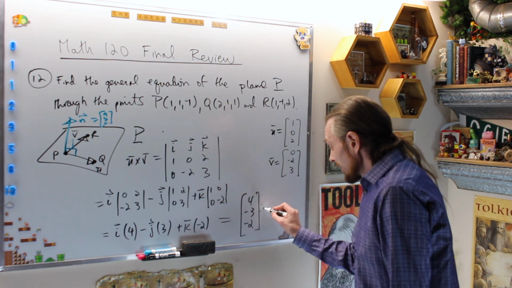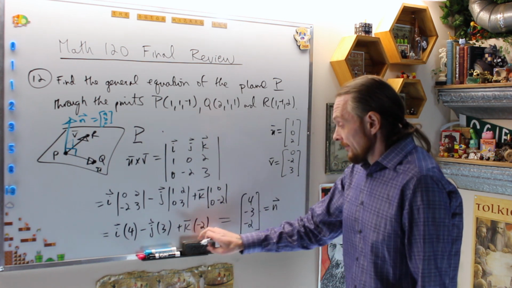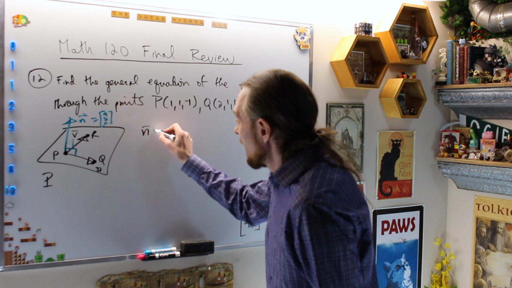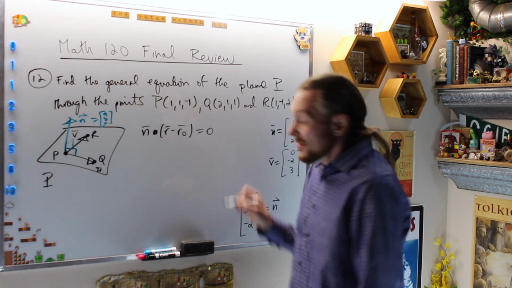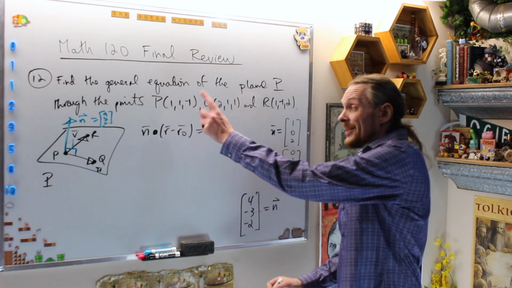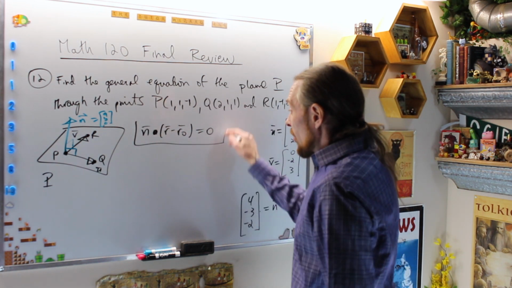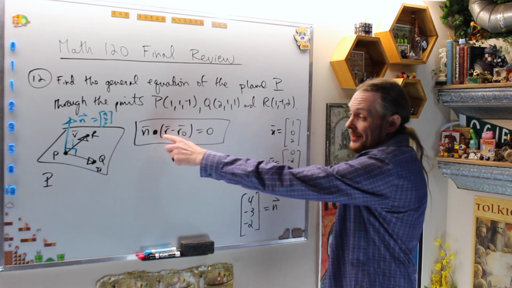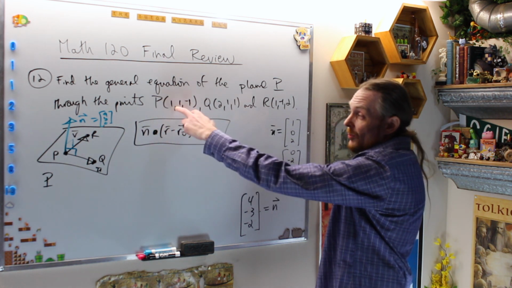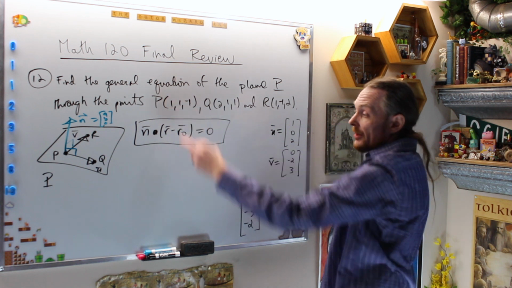What do I do with that? Now that I have N, this is our normal vector, N. From this, we now need N dot product r minus r naught equals 0, which is the normal equation. We simplify that to get the general equation. What do we have? We have N. What do we need? R minus r naught. Remember, this is x, y, z minus one of our points. I'm going to use this point.